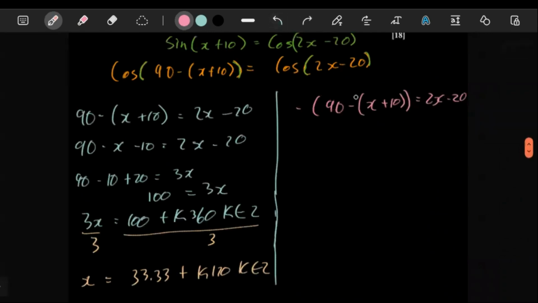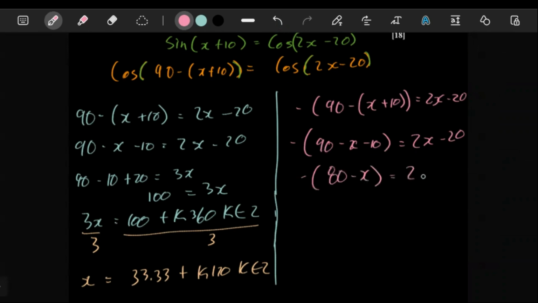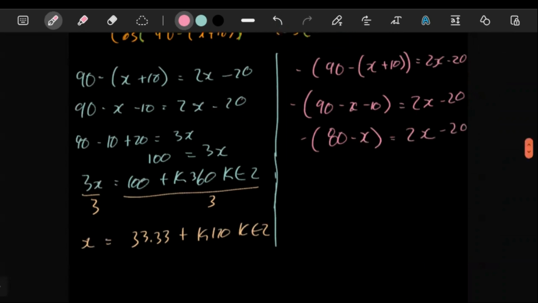So here you can deal with what's inside here. 90 minus x minus 10, right? And then 90 minus the 10 is going to give you an 80. And then you know that here you have negative 80 plus x equal to 2x minus 20.